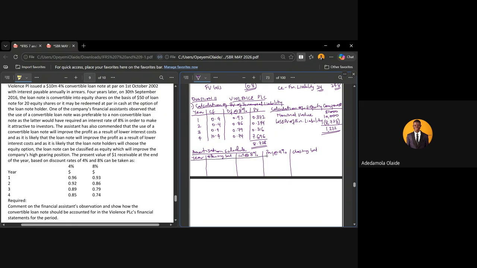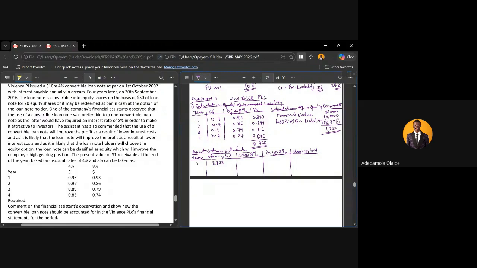So what do we have? Year one will have an opening balance of 8728. Interest at 8% is what?